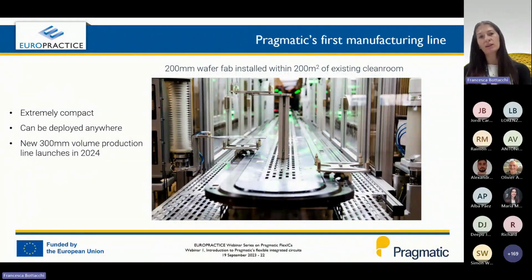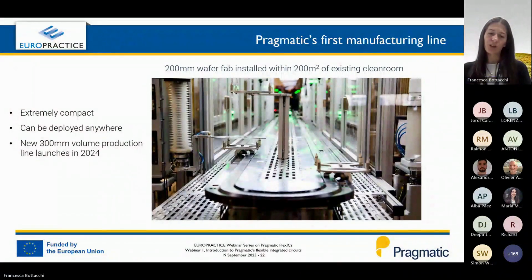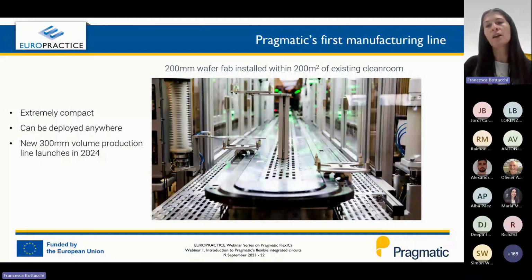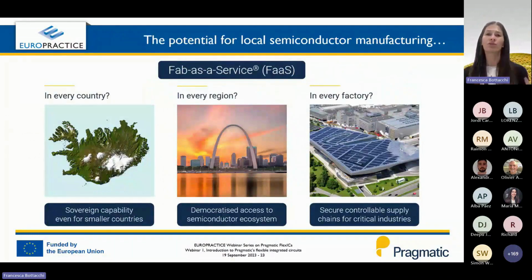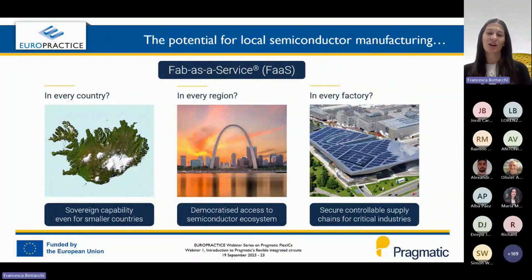And we also have a new line, a 300 millimeter, so a 12-inch volume line, that will be launched next year in 2024, and this will be dedicated only to volume production. The advantage of this line is that it's extremely compact and can be deployed anywhere. In addition to manufacturing wafers, we can also provide a fab as a service.